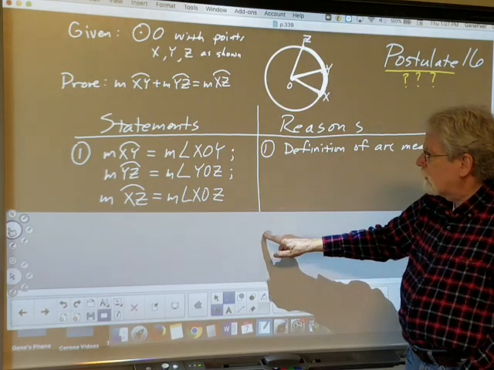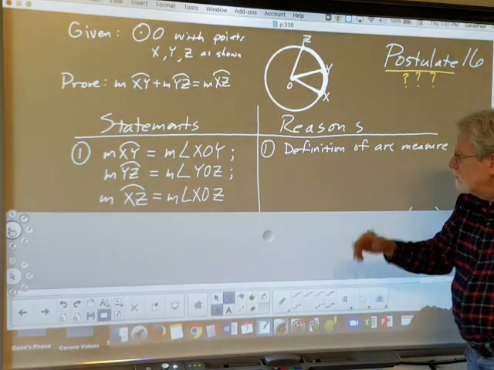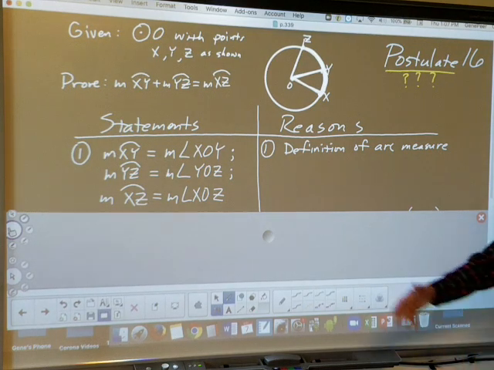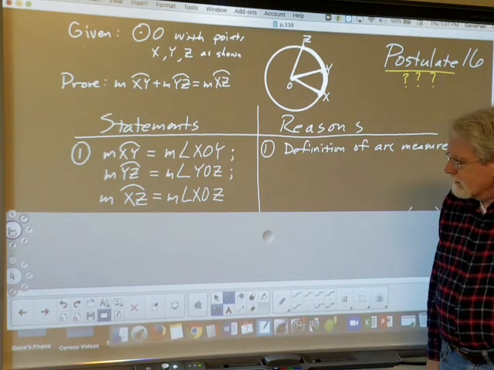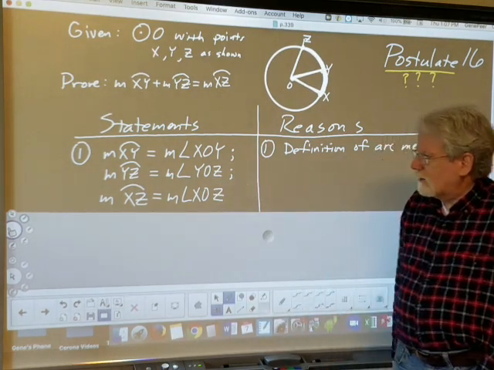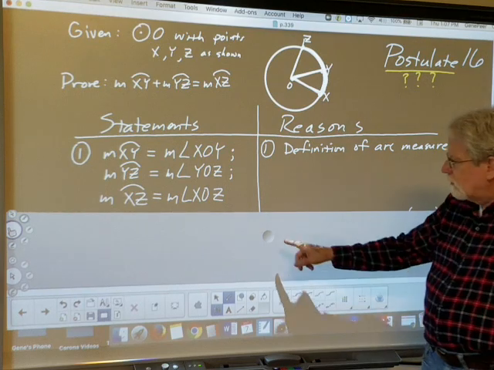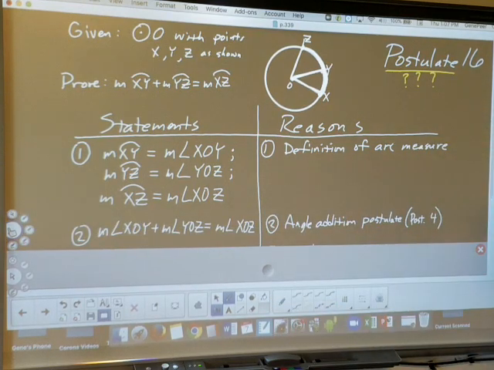Yes, we'll throw that in along with statement 1. All three have the same reason, definition of arc measure. They're all pretty obvious, so we lump them into one single statement. I'm not even sure I can remember a time when we've had three separate statements like that in one statement in a proof.